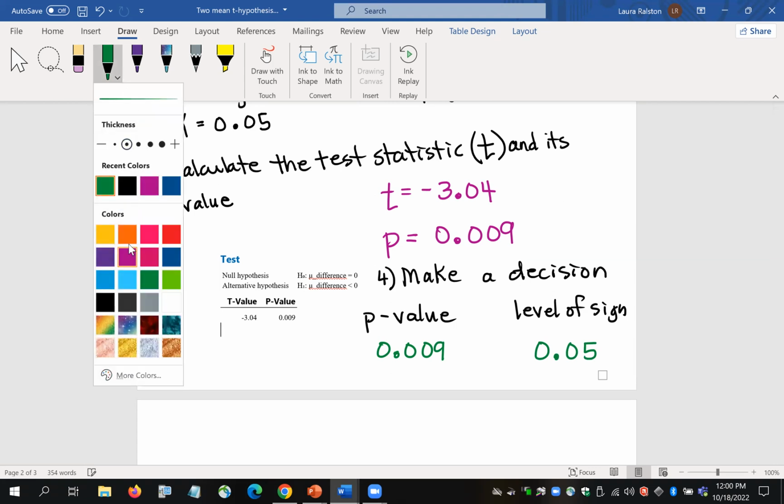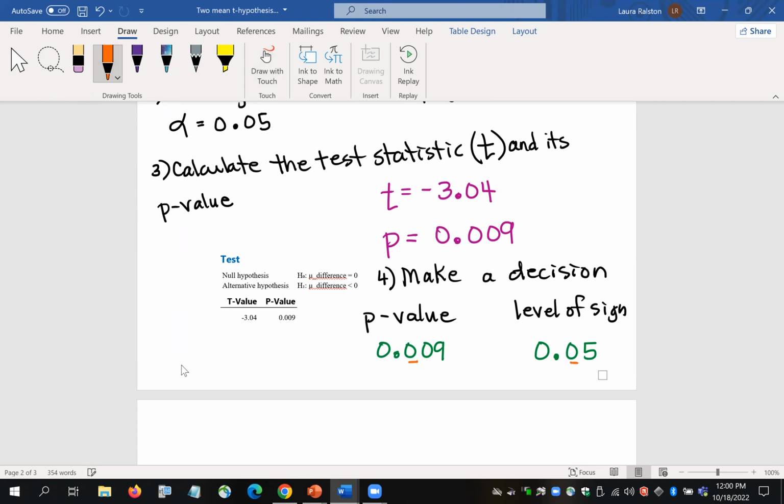If we make the comparison, we have 0.009 to 0.05. 0.009 is less than 0.05. P is less than or equal to the level of significance. When P is less than or equal to the level of significance, we reject the null.